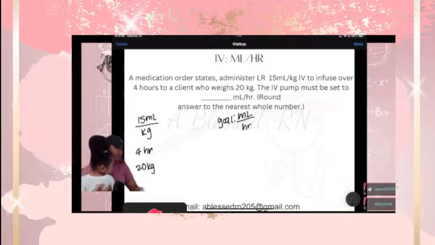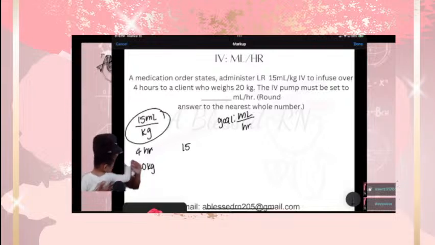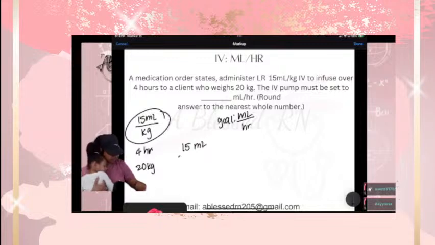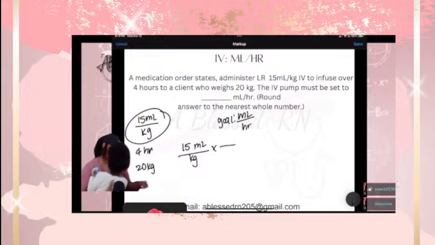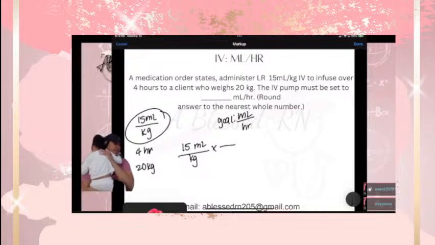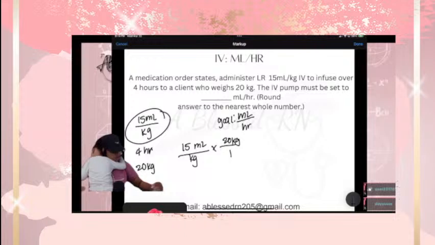So we're looking for milliliters. We'll start with milliliters, right? 15 milliliters per kilogram, okay? Now we've got kilogram on the bottom. We need kilogram on the top. So 20 kilograms over 1. Kilogram crosses out.